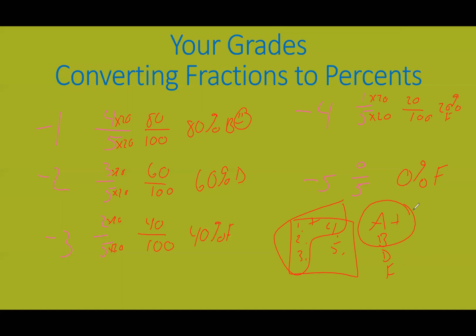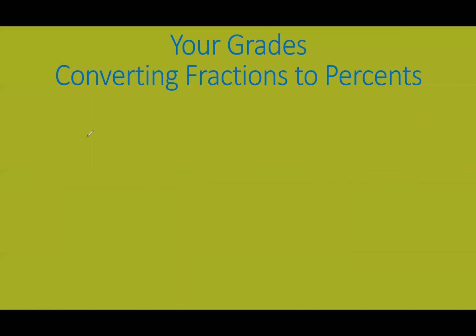Let's talk about one more. What if we had a nice big test that was out of 50 problems? And let's say you got 35 correct. If you got 35 correct, how many wrong did you get?